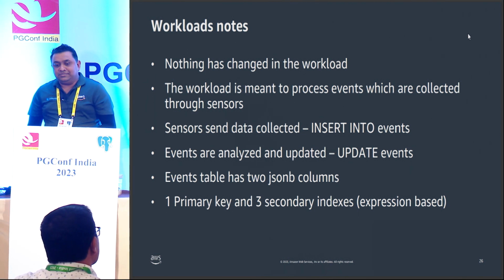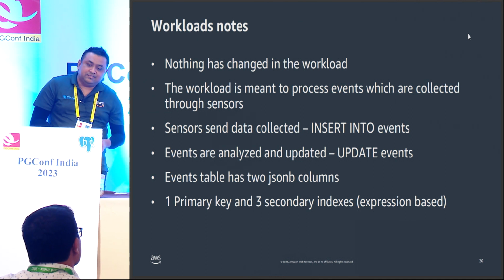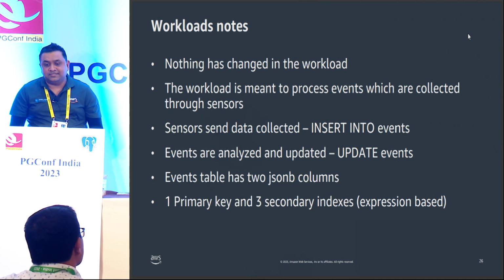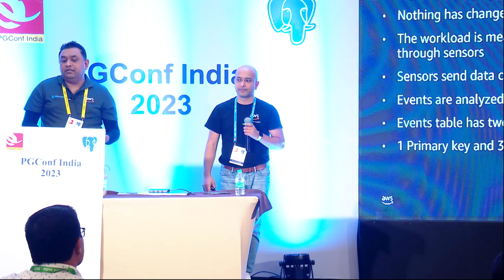Well, the application collects events from sensors, which are inserted into our events table, and then there's another process that updates the events after analyzing if the event metrics, such as temperature and moisture, are aligned with the trends, and if there's a discrepancy, it logs it to the tables as well.